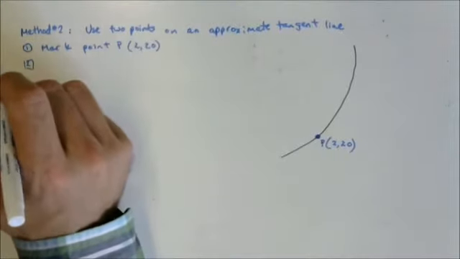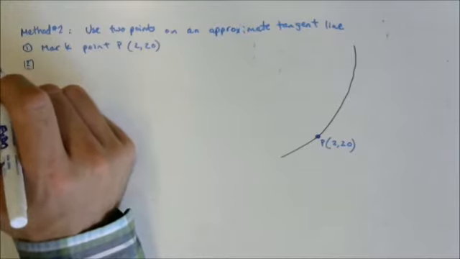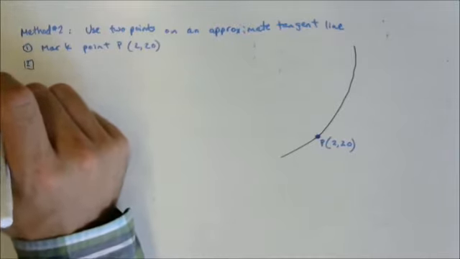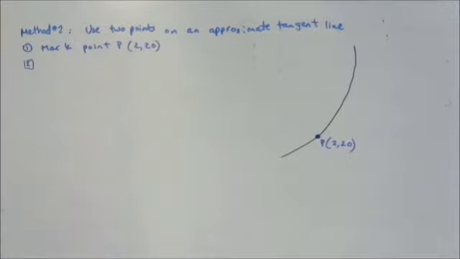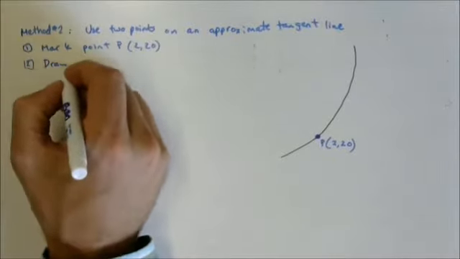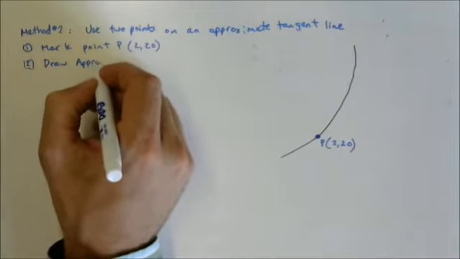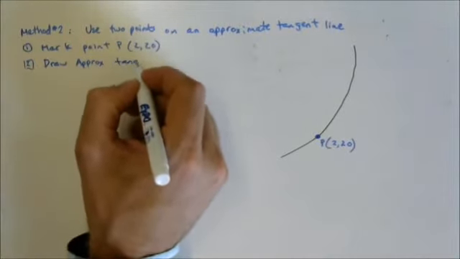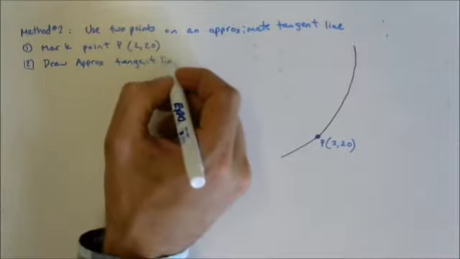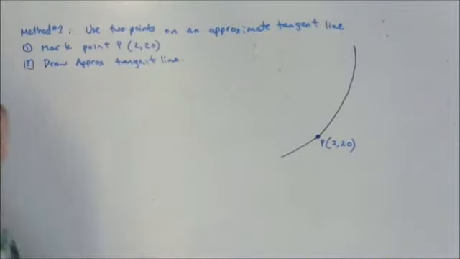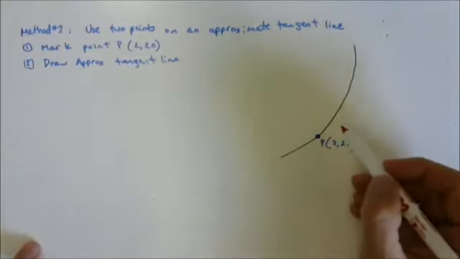But then what we're going to do is draw what we think looks like the approximate tangent line at P. Tangent line looks like it has a slope of 1. So I guess 2.